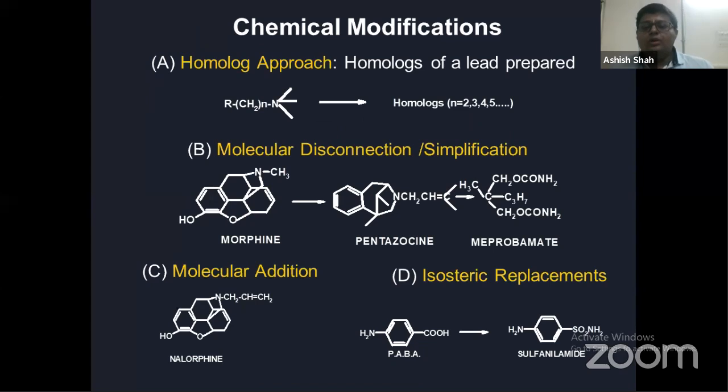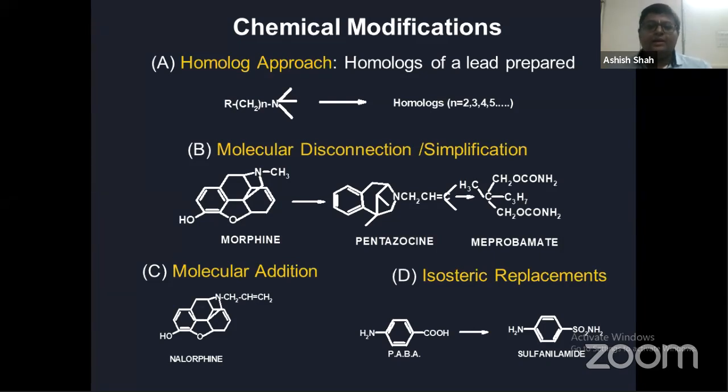Now, how can you do this chemical modification? Very first thing is the homologous approach. You can go for the same series: methane, ethane, propane, butane, pentane, hexane, etc., with the aim that the same series will give you either an additive effect or the same effect. So the first thing with chemical modification is the homologous approach.